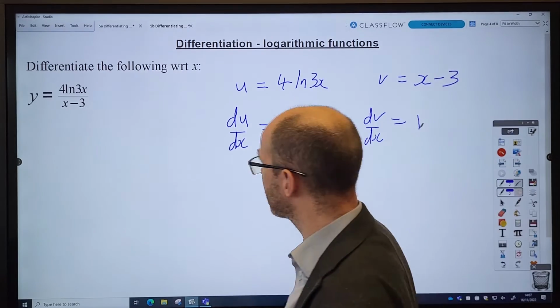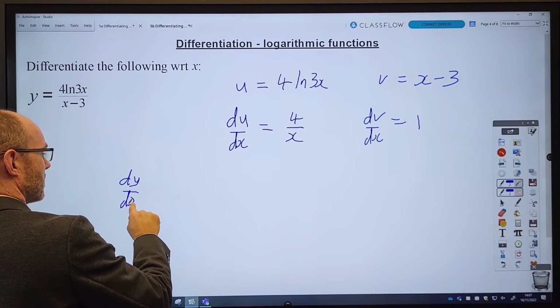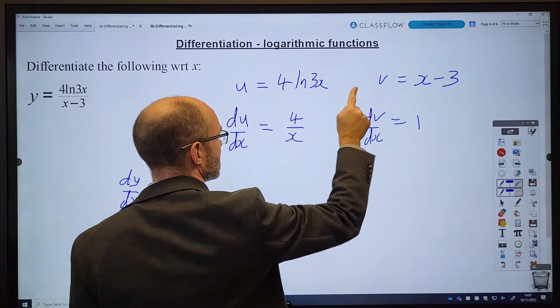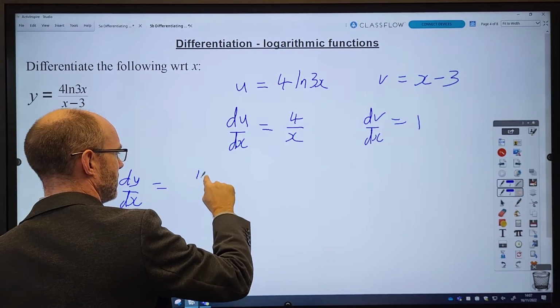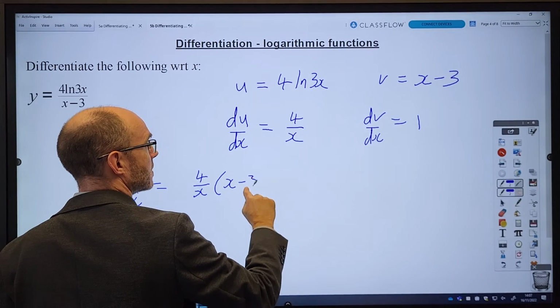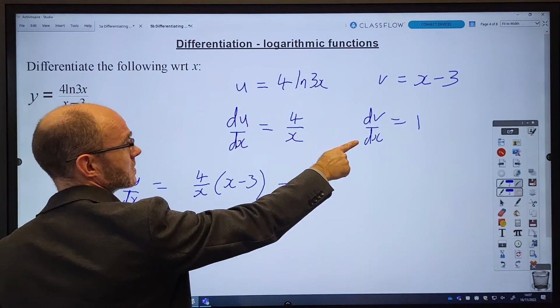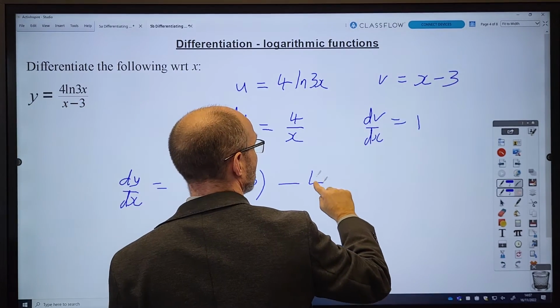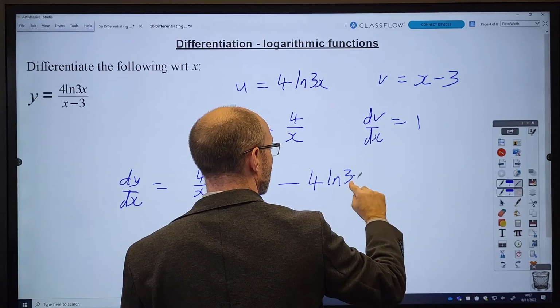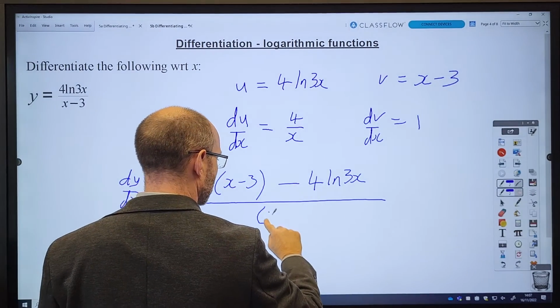Nice and simple. So you get dy/dx is equal to v du/dx, so that times by that. Better write it out like this, I suppose. 4 over x, x minus 3. And then subtract, because using the quotient rule, u dv/dx, so 1 times that, which is simple, 4 natural log 3x, all over v squared, which is x minus 3 squared.